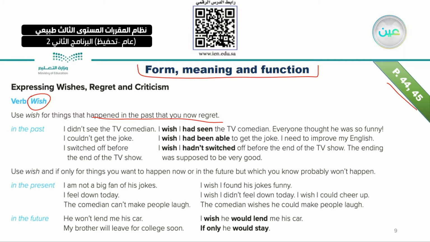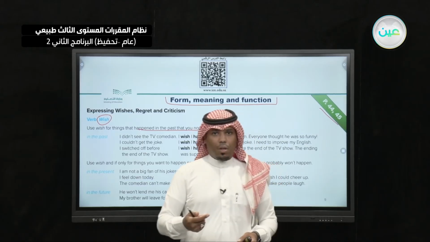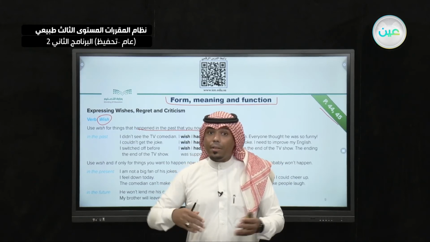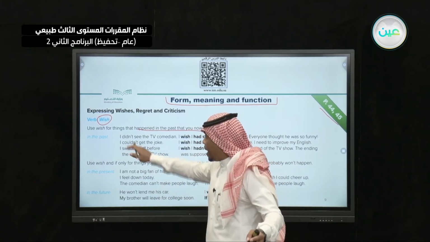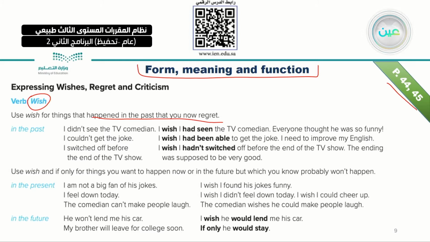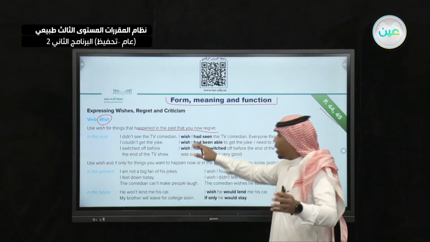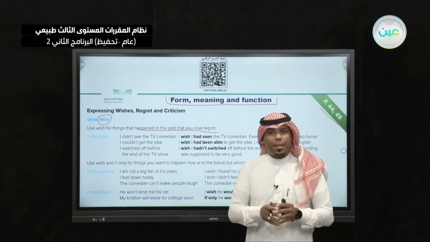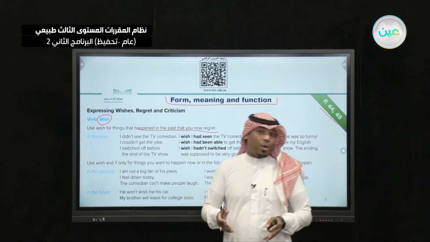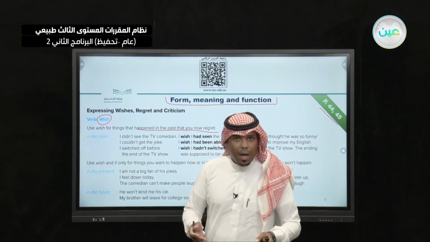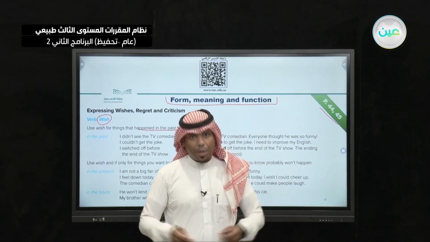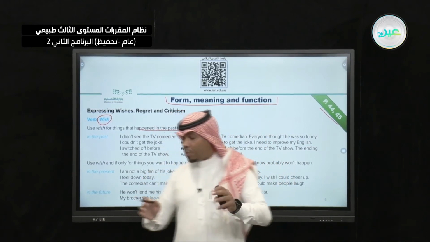I wish I had seen the TV comedian. So here I used I wish, while actually I did not see the TV comedian. So this is not real. I wish I had seen the TV comedian. So when I'm talking about wish, I'm talking about a not real situation.